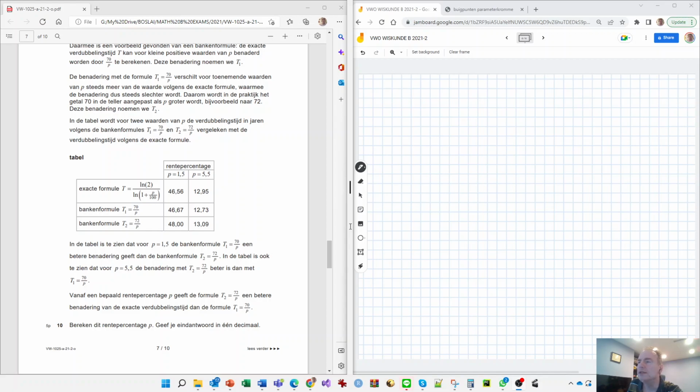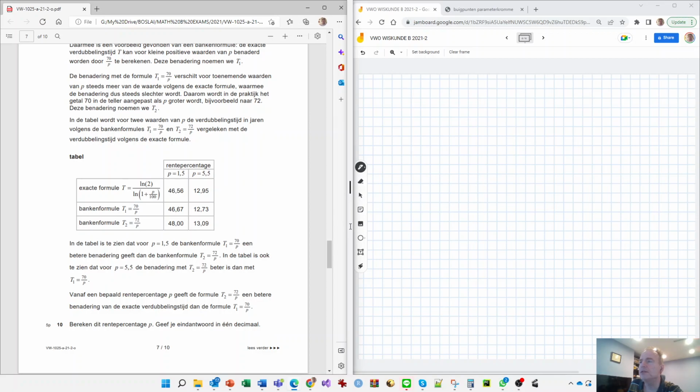Then you can see these are the approximations, and obviously for 1.5 the 70 over p is closer to the exact. But for 5.5 the 72 is closer to the exact formula.